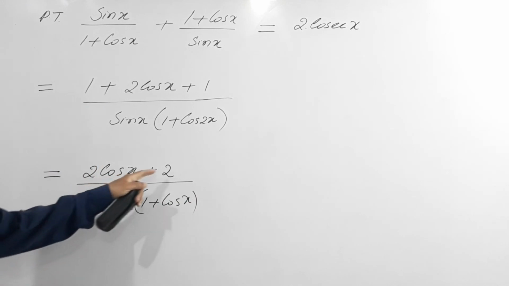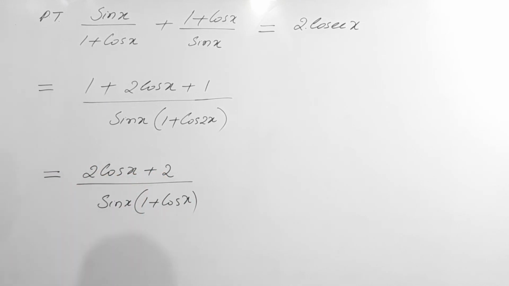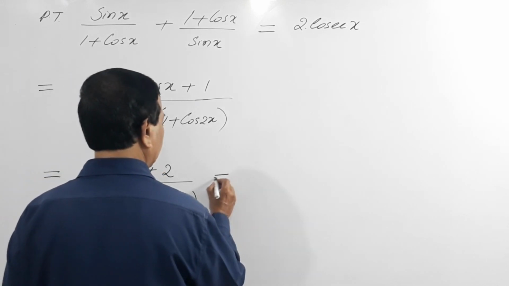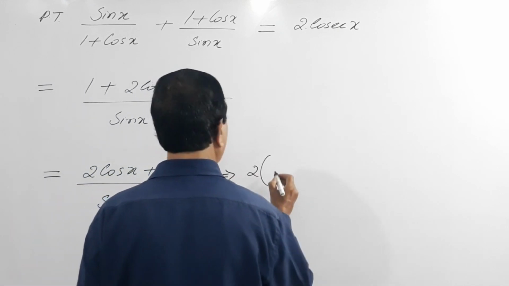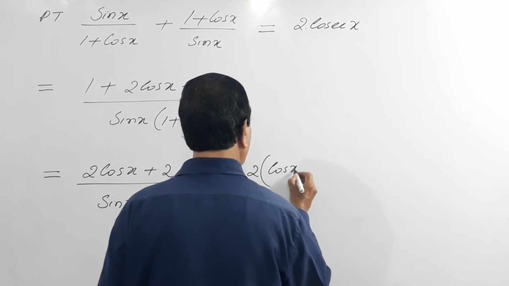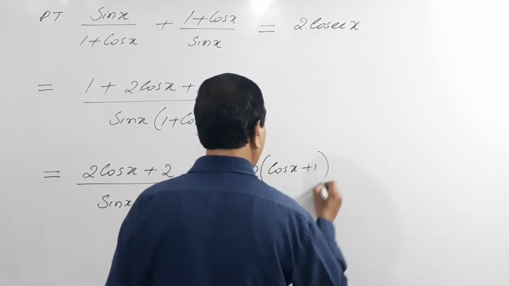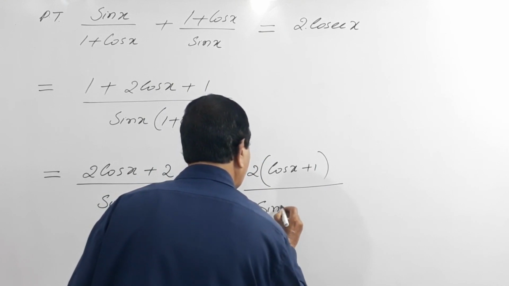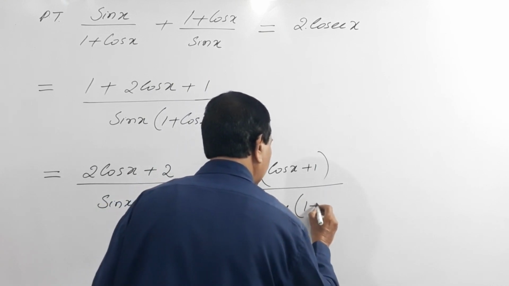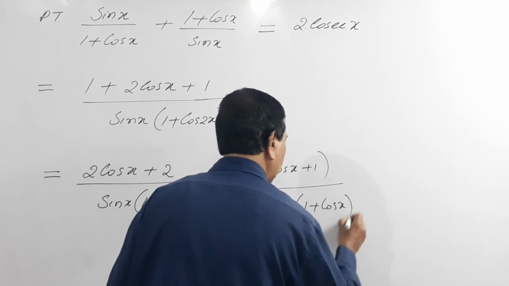So what I'll do, I'll take this 2 common, that becomes cos x plus 1 divided by sin x into 1 plus cos x.